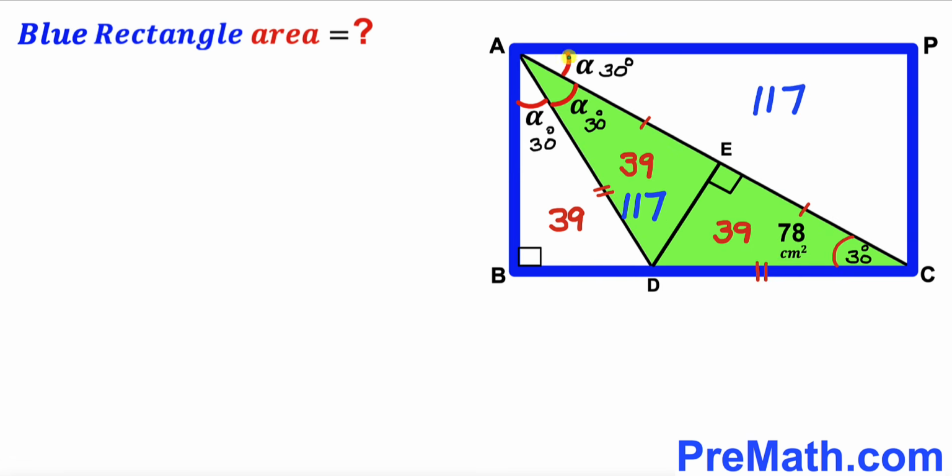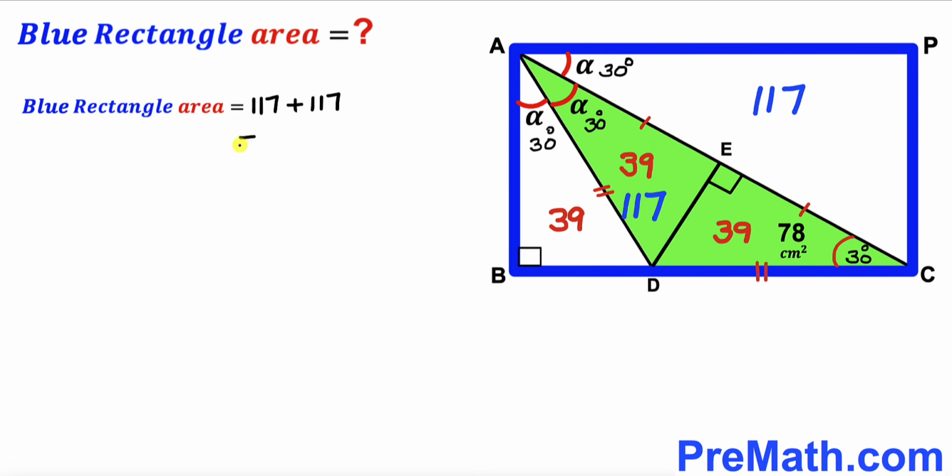And now we can easily calculate the area of this blue rectangle ABCP by just simply adding up these two areas. So therefore the area of this blue rectangle ABCP is going to be equal to 117 plus 117.